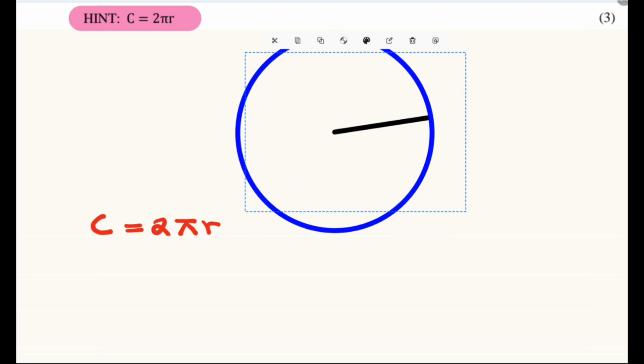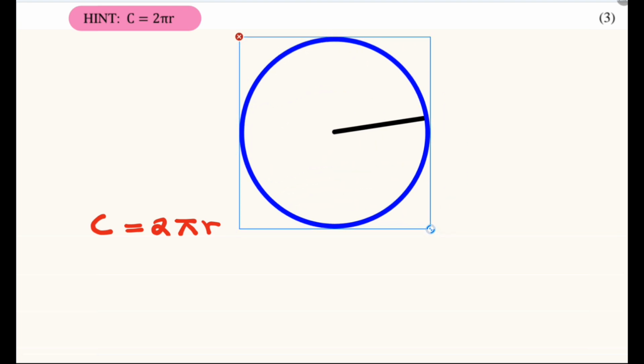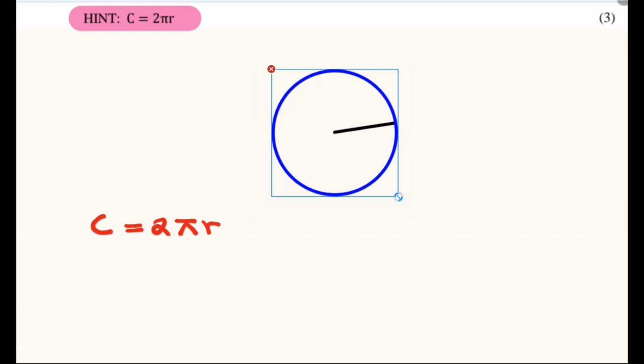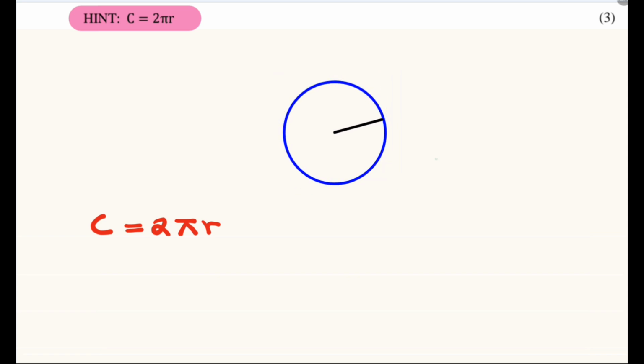As the circle is getting smaller and smaller, the 2 and the pi will remain the same, but the circumference and the radius will decrease with time. We differentiate with respect to time implicitly, so the derivative of C will be 1 multiplied by dC divided by dt, equal to 2 pi multiplied by the derivative of r, which is 1 multiplied by dr divided by dt.